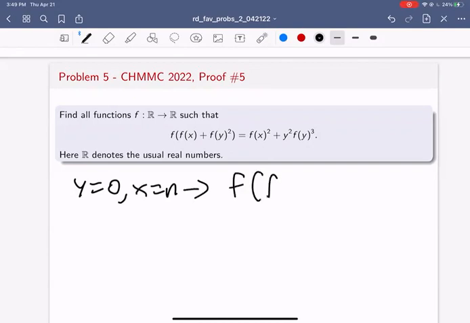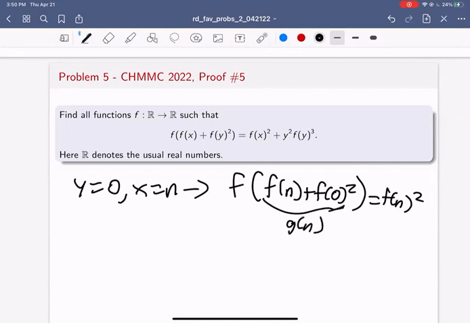This gives us f of n plus f of 0 squared is equal to f of n squared. We can call this value g of n. Then we can see that f of g of n equals f of n squared.